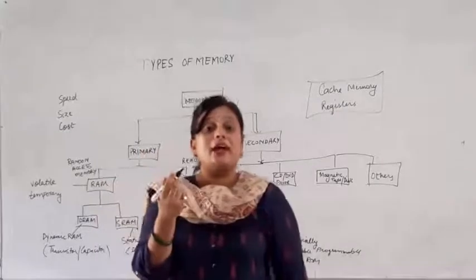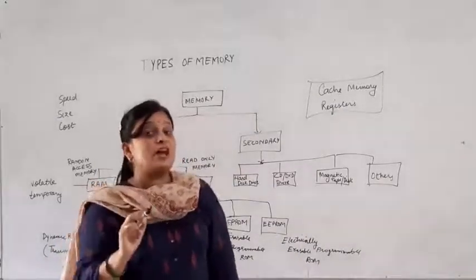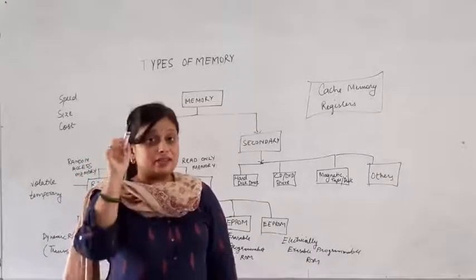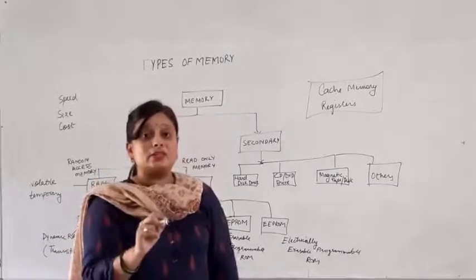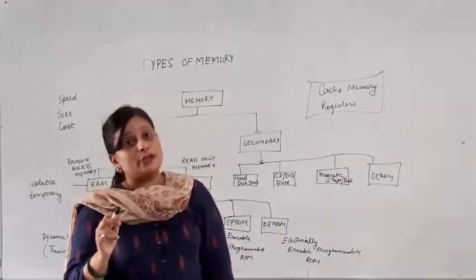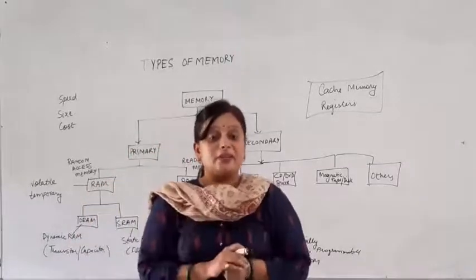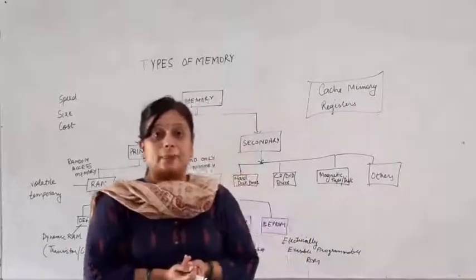Another are your registers. In order to carry out fast processing, the processor, the CPU that we have discussed, has its inbuilt memory, your high speed registers. These are the costliest of all memory and reside within the processor, so that your processing could be carried out. So, this was regarding the types of memory that we are basically using with our computer system.